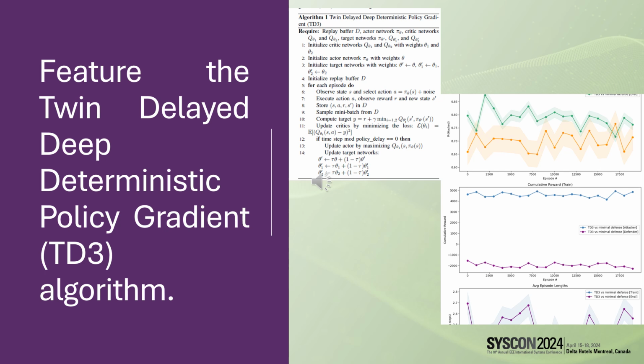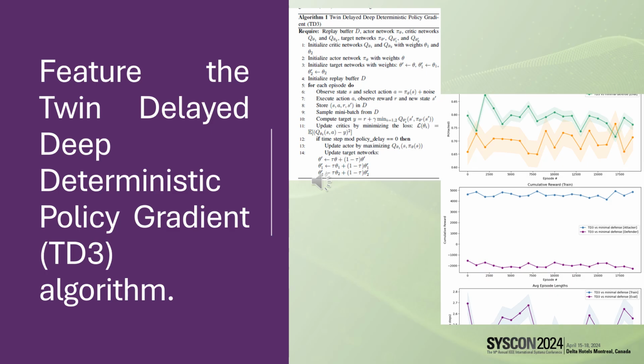The delayed part of TD3 refers to the idea that the policy updates are less frequent than the critic updates, which helps to stabilize learning. On the right side, you have several graphs that likely show the performance of TD3 during the training.